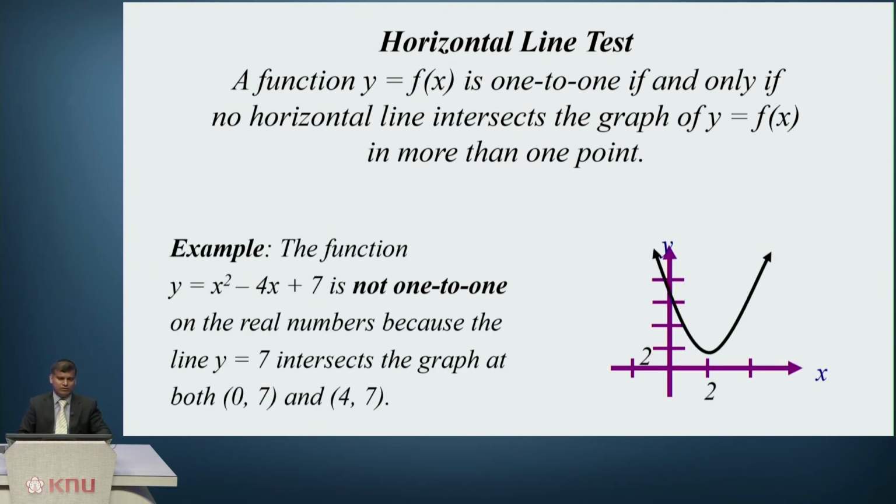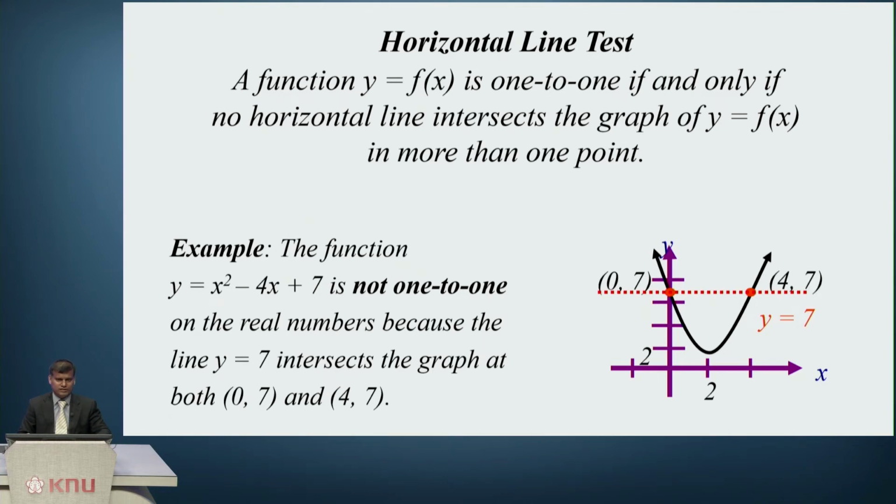So for example, the function y equals x square minus 4x plus 7 is not one-to-one on the real numbers, because the line y equals, say, 7 intersects the graph at 0, 7 and 4, 7.